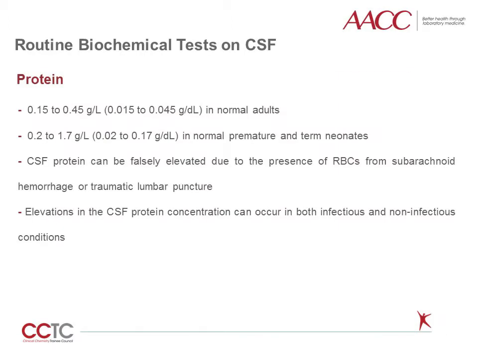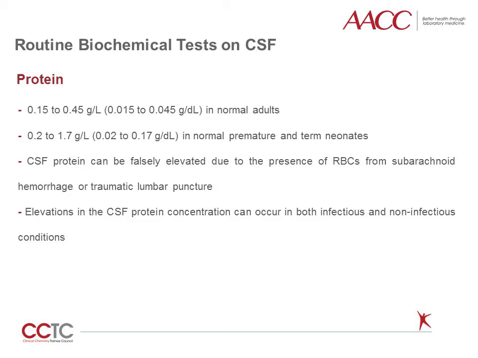The normal CSF protein concentration in adults ranges from 0.15 to 0.45 grams per liter. CSF protein concentrations in premature and term neonates normally range between 0.2 and 1.7 grams per liter. CSF protein can be falsely elevated in the presence of red blood cells from subarachnoid hemorrhage or traumatic lumbar punctures.